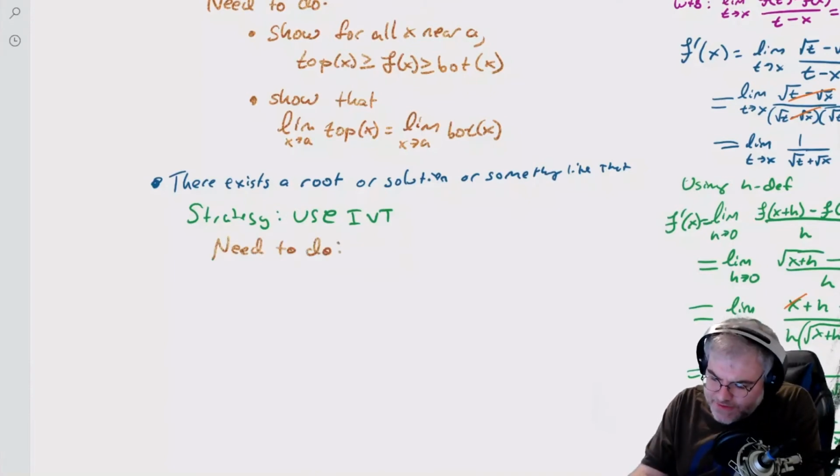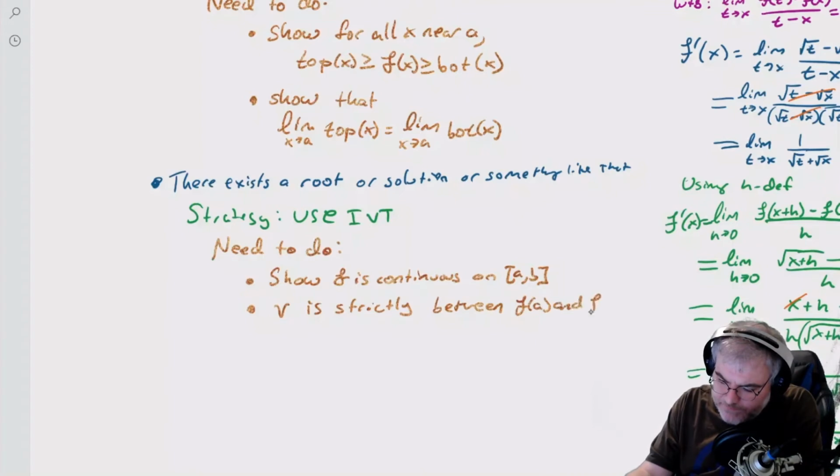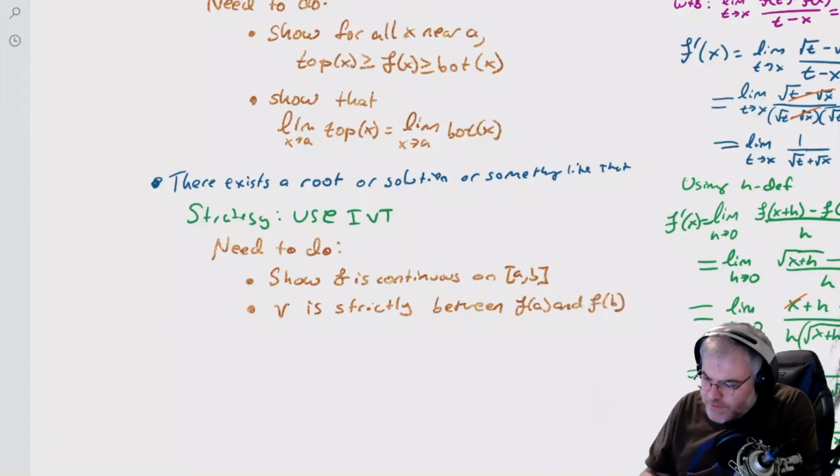Right, I need to show it's continuous. And what's the other thing I need to do? Show that V is strictly between f of A and f of B. All right, so let's do an example.